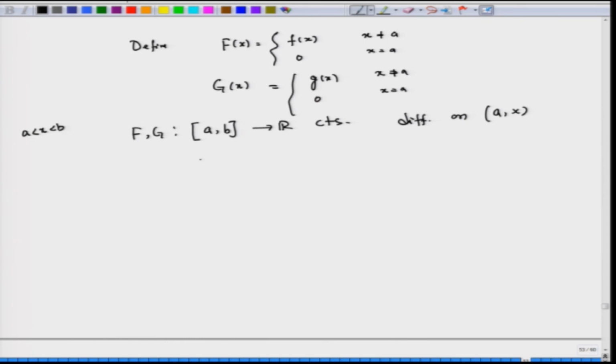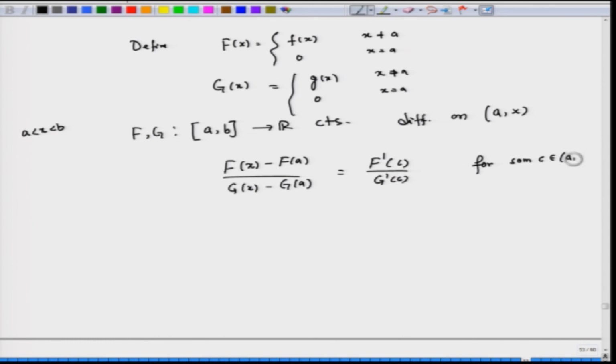Therefore, by Cauchy mean value theorem, what I am going to get is that F of x minus F of a, divided by G of x minus G of a, is equal to f prime of c by g prime of c for some c belonging to the interval a x.